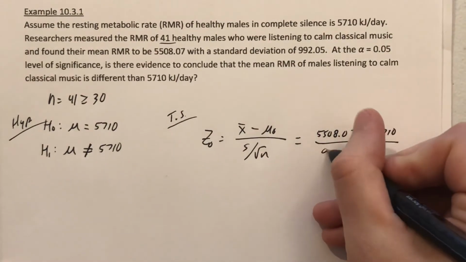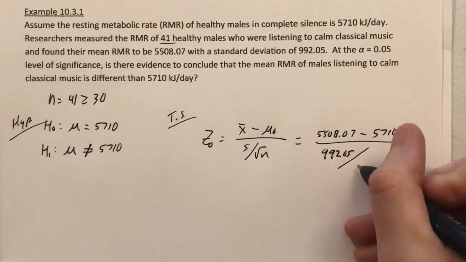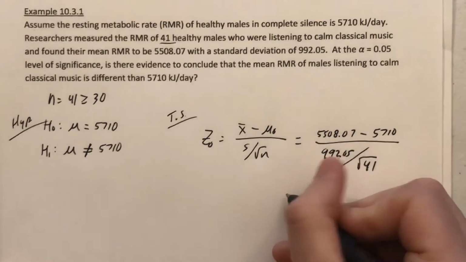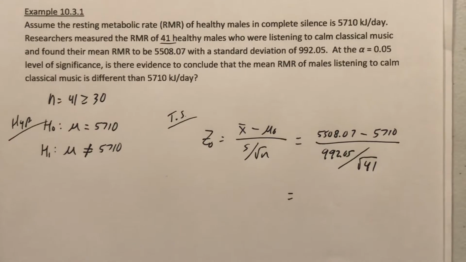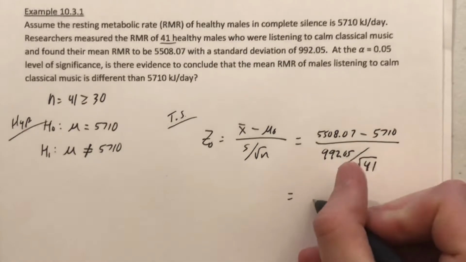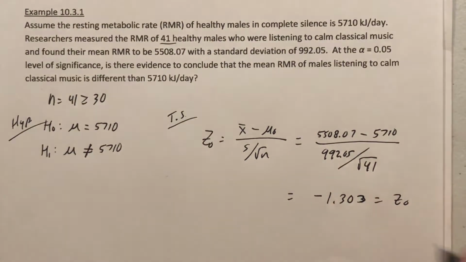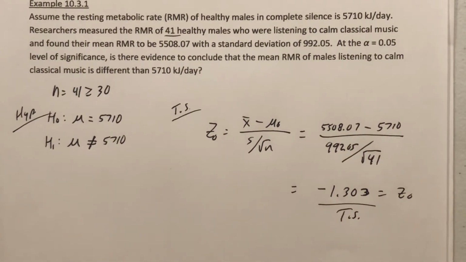Divide that by the standard deviation of 992.05 over the square root of our sample size, which was 41. So let's see what we get there. Getting negative 1.303 for our test statistic.